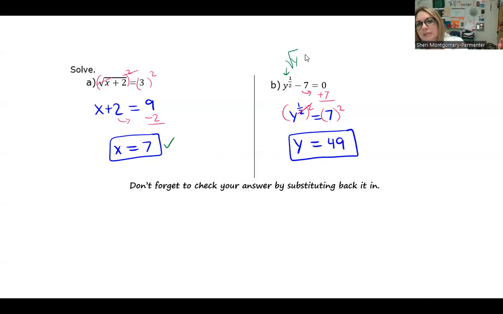So if I think about it like this and we say that y is 49, what's the square root of 49? 7. What is 7 minus 7? 0. It works.